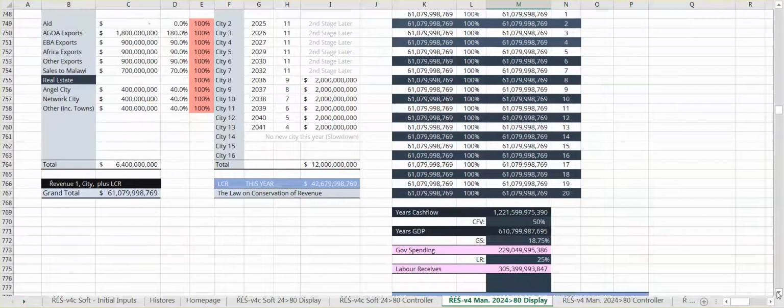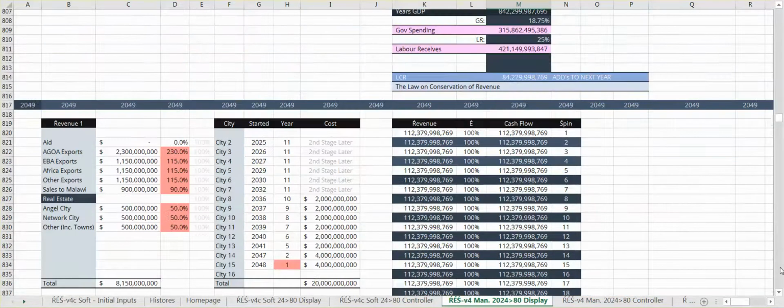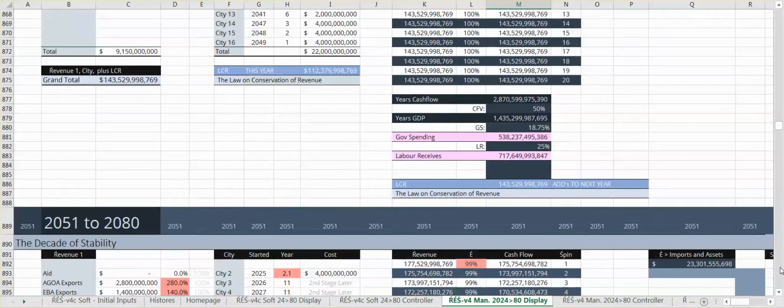I keep E at 100% and spin at 20 and start to focus on reaching 1% of global output by 2050 and an increase in cash flow from 1.2 trillion to 2.87 trillion in 2050. A whole new type of economics.